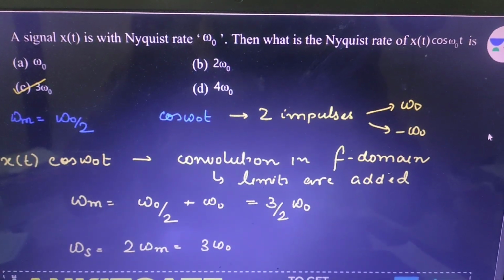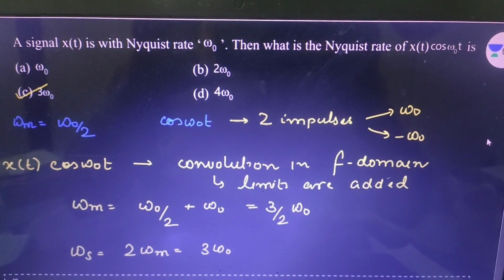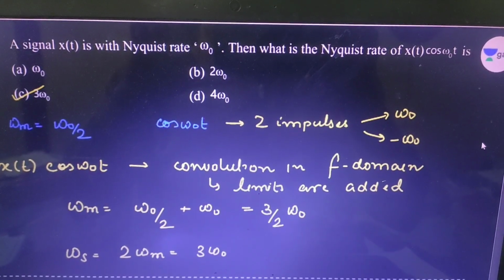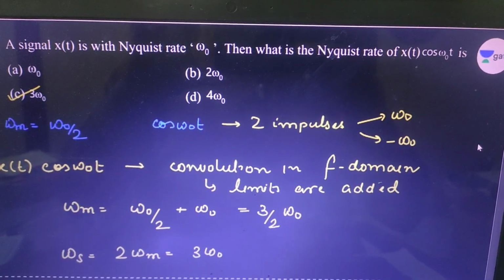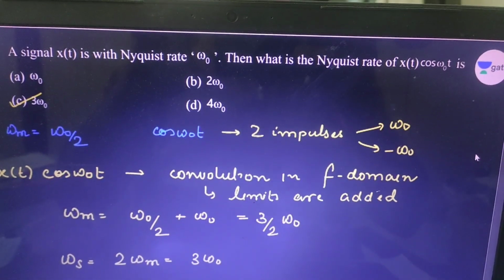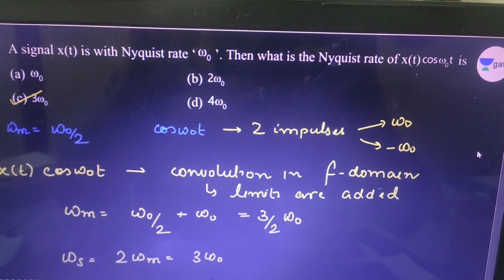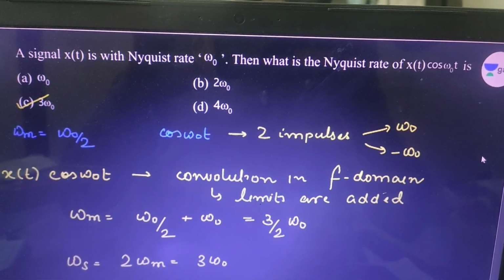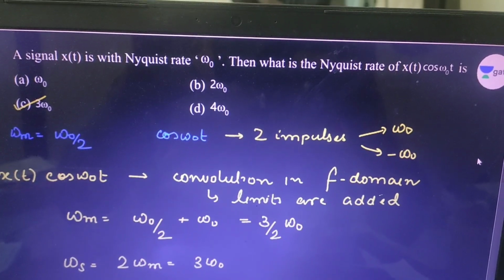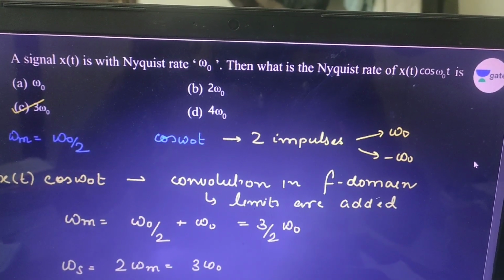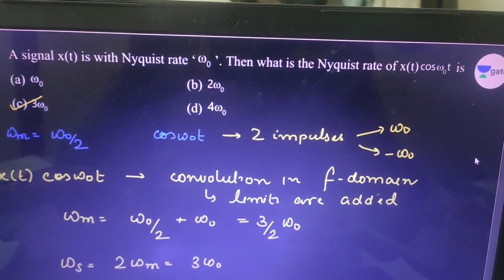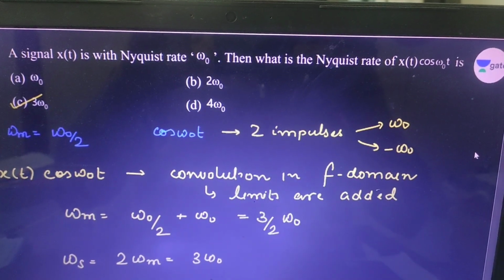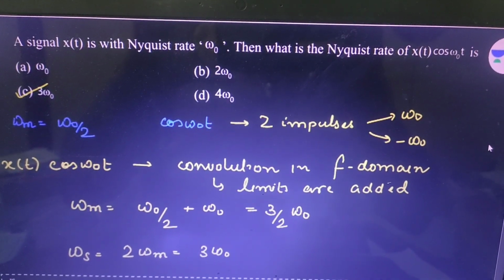A signal x of t has Nyquist rate omega naught. Then what is the Nyquist rate of x of t into cos omega naught t? Multiplication in the time domain results in convolution in the frequency domain. Convolution in the frequency domain means we will add the frequencies. Here x of t has a maximum frequency of omega naught, and cos omega naught t has a maximum frequency of omega naught by 2.